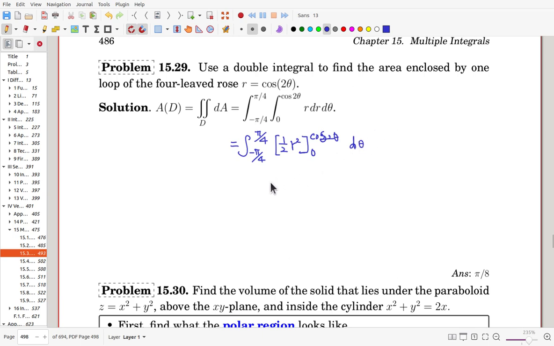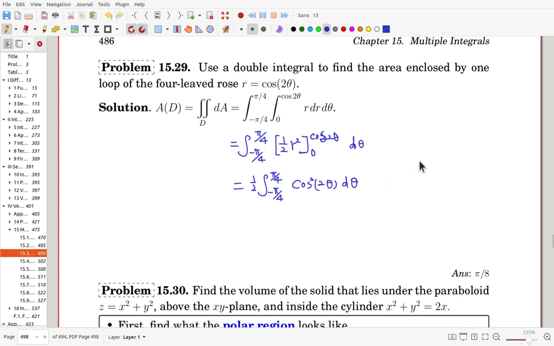Okay. Now for that one, the half can go out, and then minus pi over 4 to pi over 4, and once R is 0, then we can ignore this evaluation. For that one, this is now cosine squared 2 theta, right? D theta. Now to get the integral, we may try to use the formula.